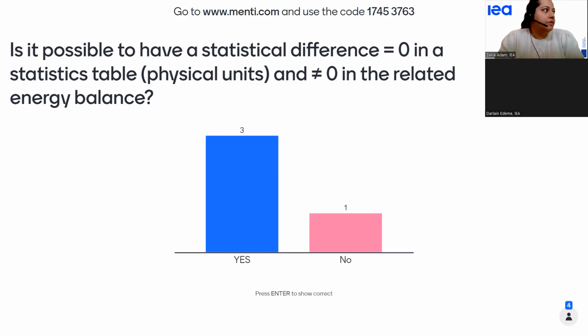So some of you are replying yes, and one replied no. So is it possible to have a statistical difference which is equal to 0 in a statistics table and not 0 in the related energy balance?